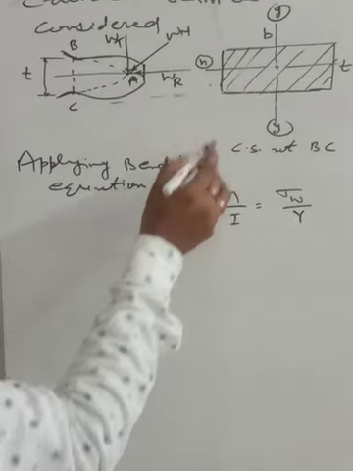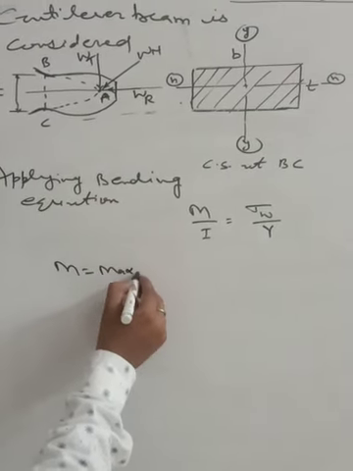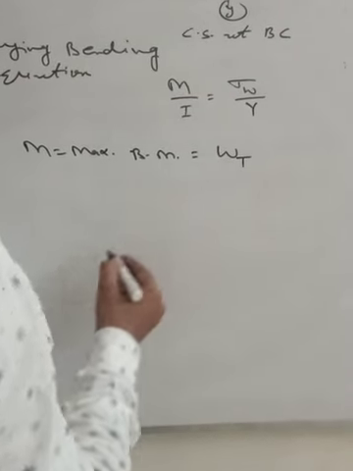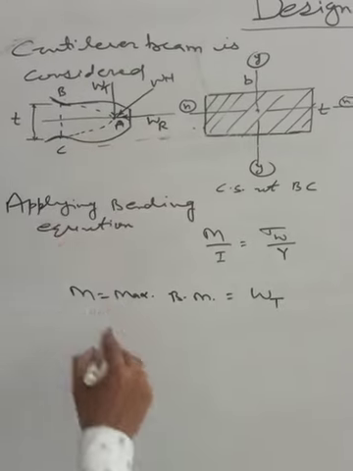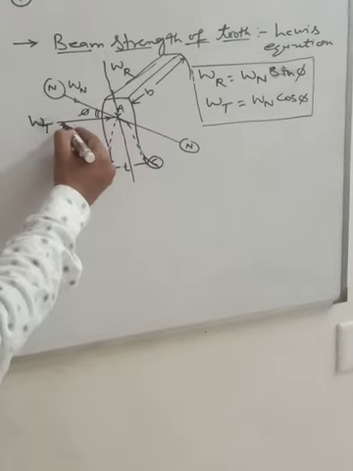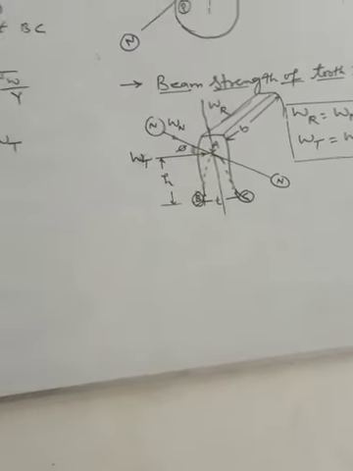Now from our figure, the maximum bending moment is equal to, due to the tangential component Wt acting, and that length, we can say this is also a tooth length, h is considered.